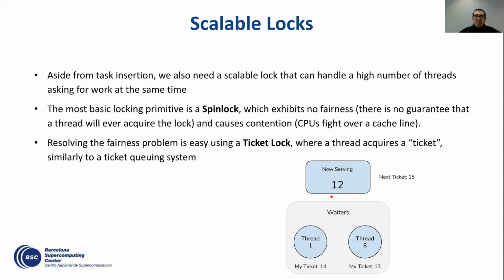Here, when the thread that is currently inside of the lock leaves, it will increment this now serving counter. And then the waiting threads, in this instance, thread 8 that has the next ticket, which is 13, sees that their ticket number is in the counter, it will enter the lock. So we provide some order between the threads that are waiting.